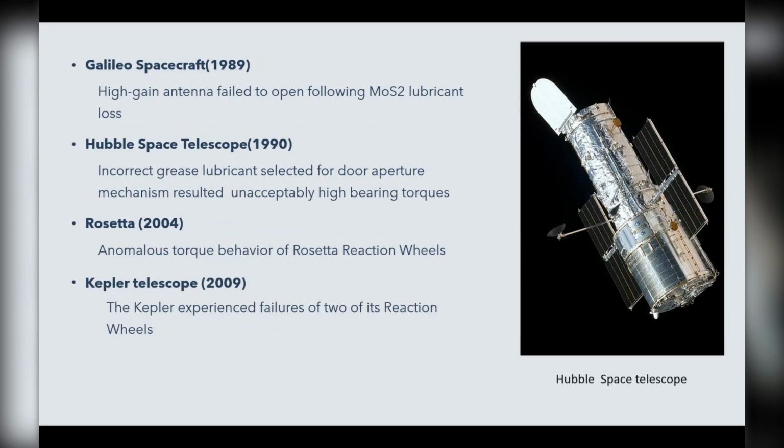And during the Rosetta mission, anomalous torque behavior, actually this was a very prominent failure during the late 80s because nobody knew how the bearings in the reaction wheels perform. So there were a lot of failures, and some people speculated that this could be aliens disrupting our space endeavor.